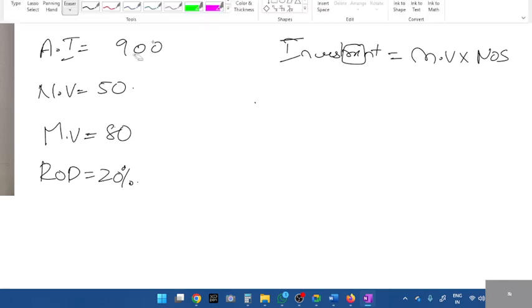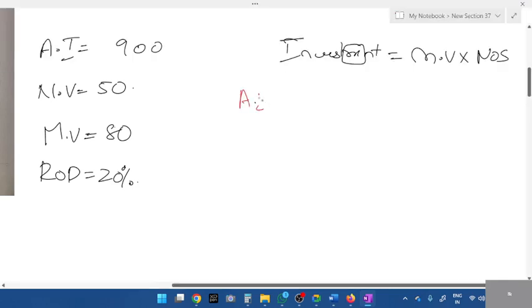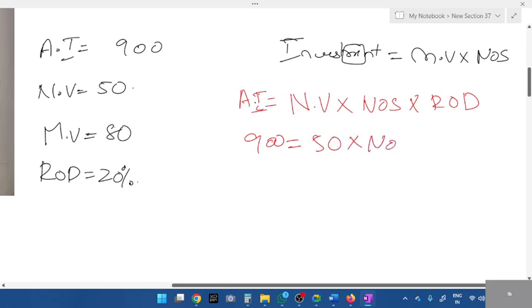Very good. See, Naomi has got it right. Tell me, Naomi. Annual income is equal to nominal value into number of shares, very good. Nominal value is 900. Sorry, nominal value is 50. Number of shares as it is.